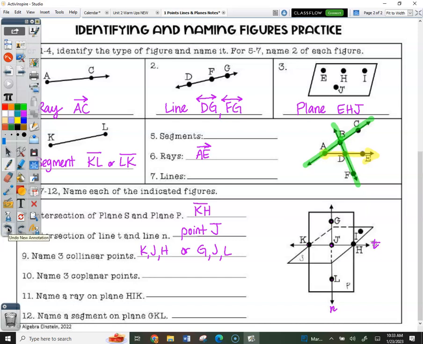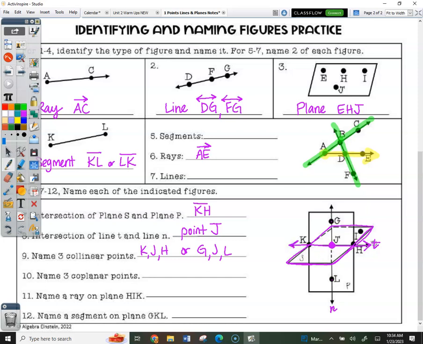Name a ray on plane HIK, which means direct your attention to this plane. Name a ray. So you could say JH is a ray. Or you could say JK.